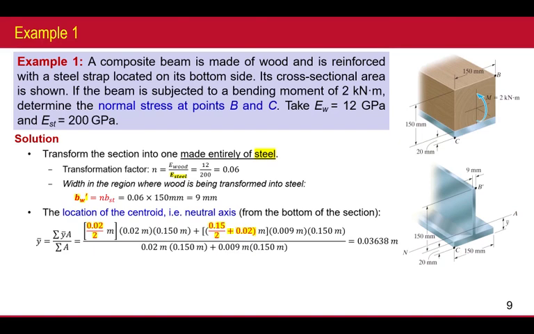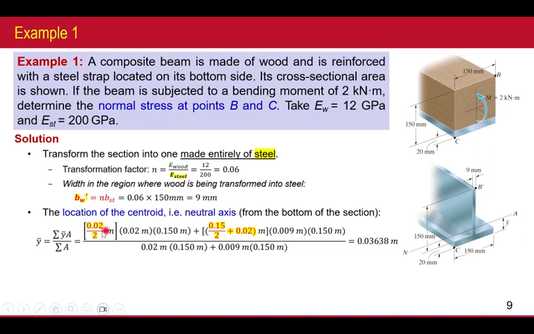From here we can work on the neutral axis. y bar is equal to the summation of y bar A over the summation of the whole area. Of course, it's quite simple. Each is a rectangle.